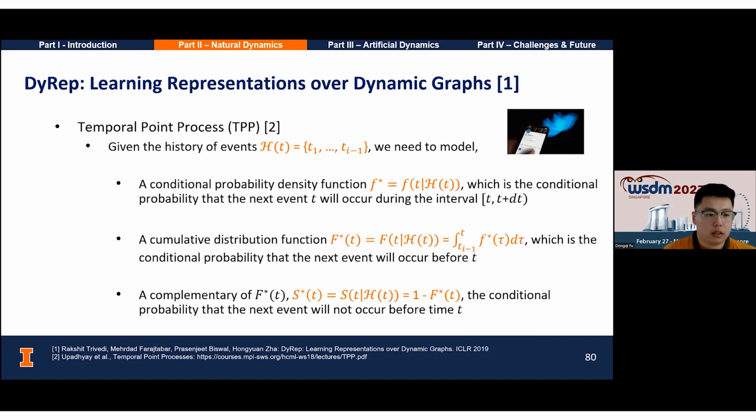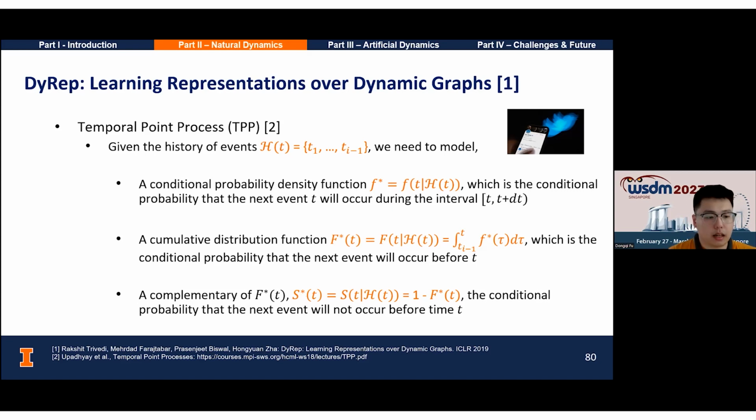Mathematically, the TPP is formed as follows. Given the history of events, Ht, which consists of T1 to Ti-1, which have i events, we need to model a conditional probability density function f(t|Ht), which is the conditional probability that the next event will occur during the interval t to t plus dt.